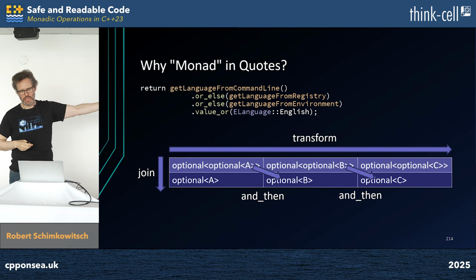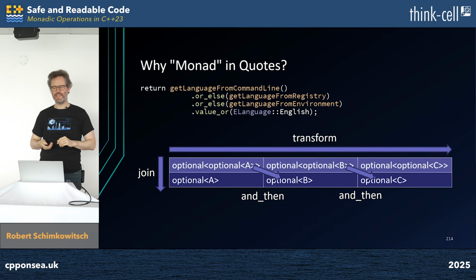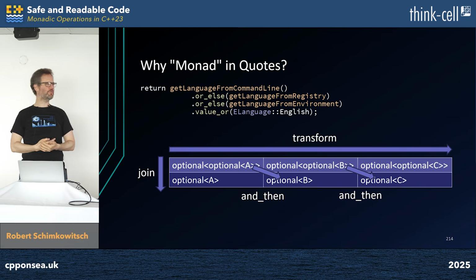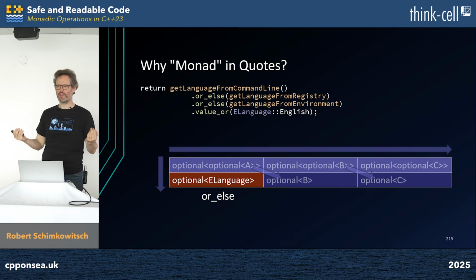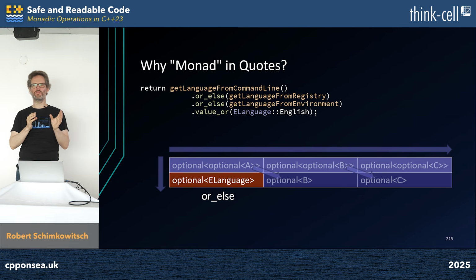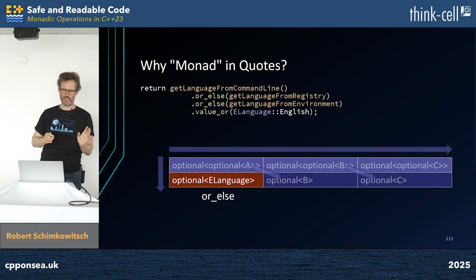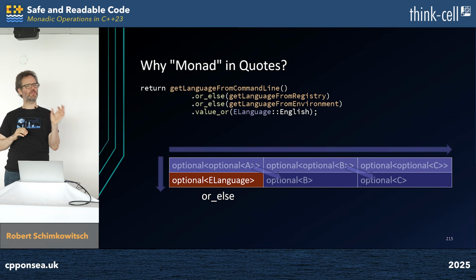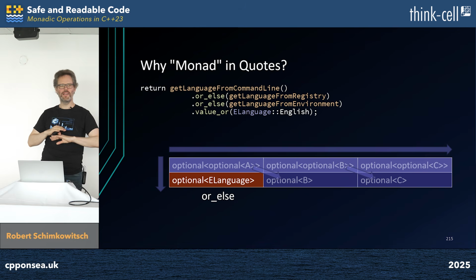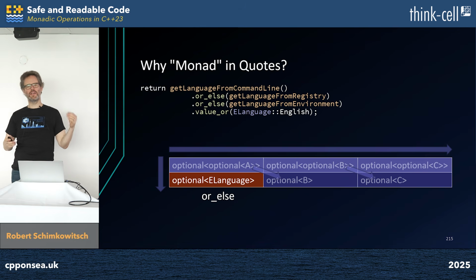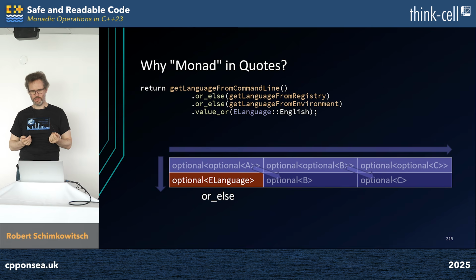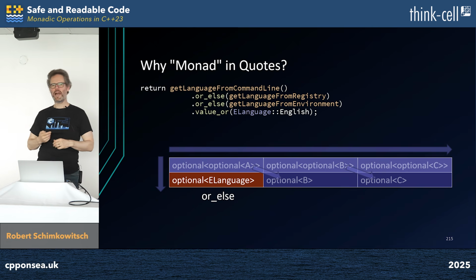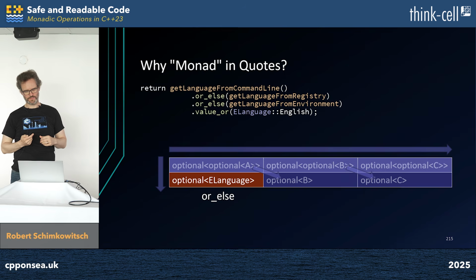It goes diagonally across this table with and then. Now, what does this have to do with or else? Nothing, because we are stuck at the value type of the first function and nothing changes there. We are not moving across this table at all. This is not a monad. I would maybe call it a monadic style operation, but it's useful, so I included it in the talk.